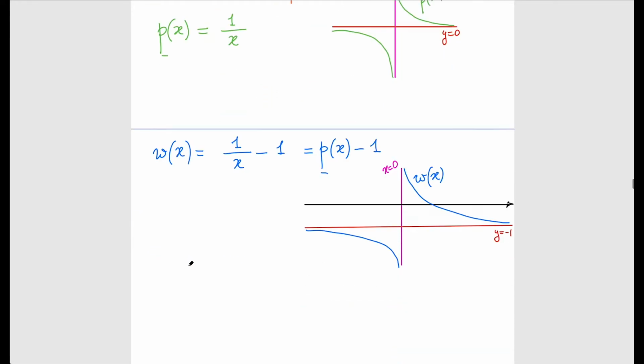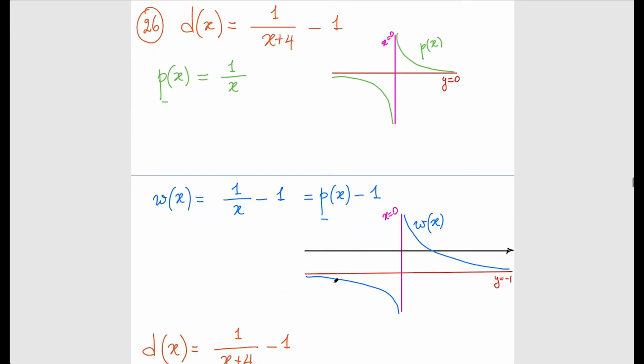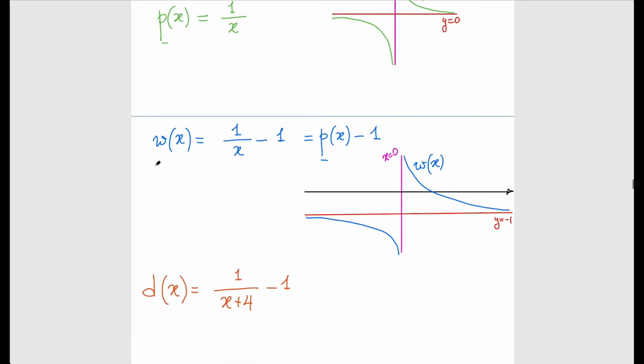All right, so d of x, which is 1 over x +4 minus 1, that's what d is, correct? It's right there. I want to connect it algebraically to w, and we just said it.